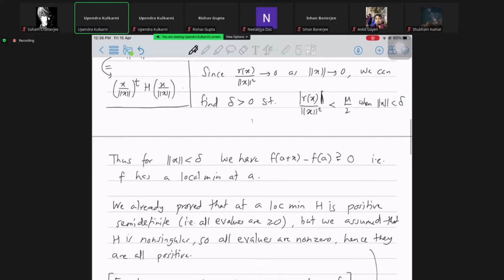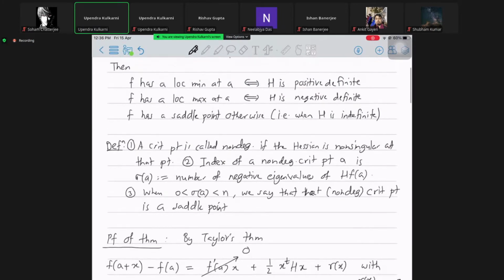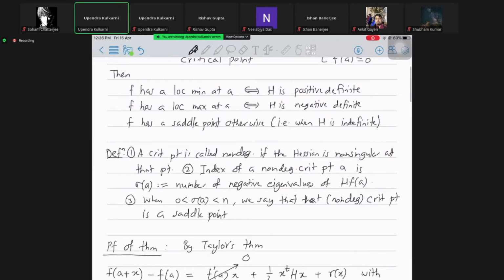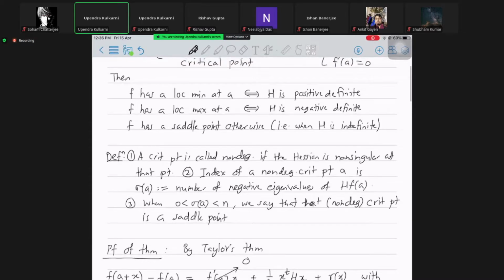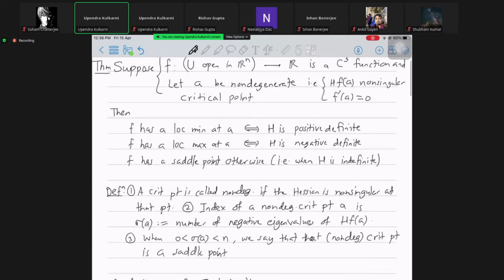Let us see what we have achieved here. Among the three statements, we proved the backward direction of the first statement. That was where the new proof was required today using Taylor's theorem. The forward direction was something that we had done earlier.